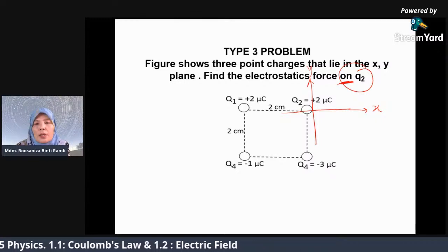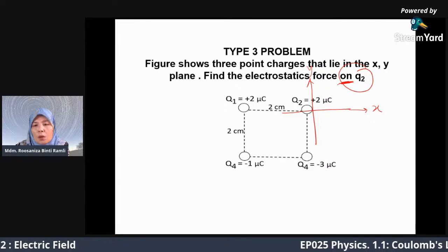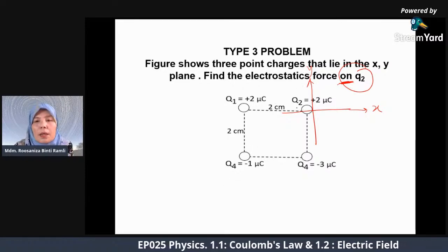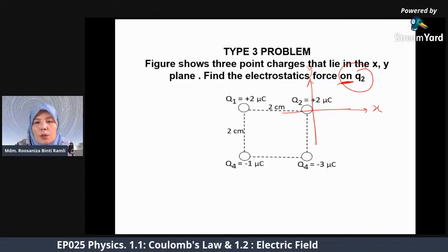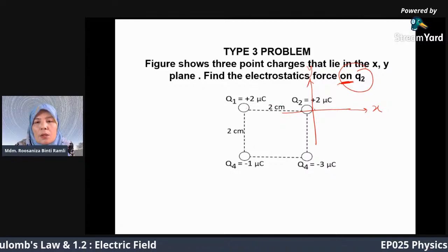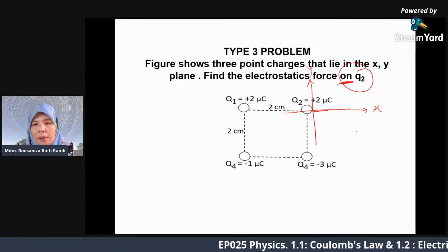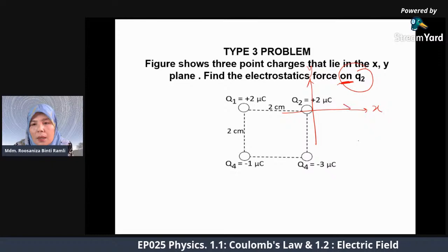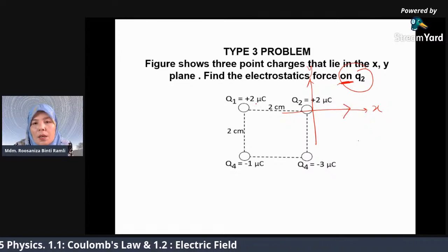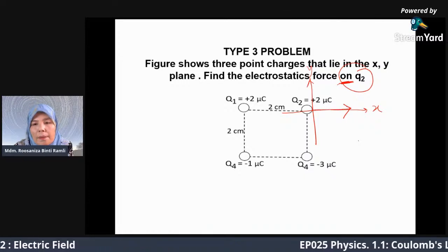So for this case, we have Q1, Q2, Q4. I show you how to draw the direction. Q1 is a positive charge, Q2 is a positive charge, so the direction is to the right. Why to the right? Because same charges, positive and positive, give a repulsive force. Repulsive means to the right.